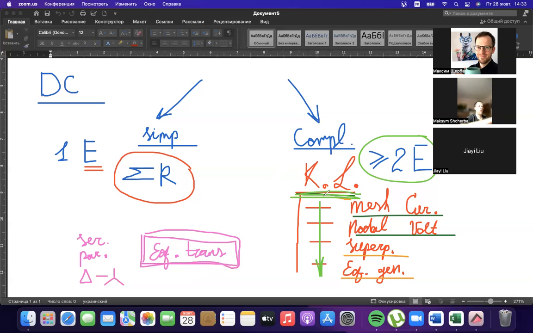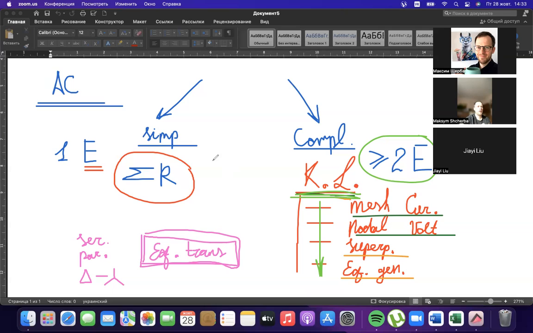This is the whole picture of our mathematical apparatus for circuit calculation, everything that we have in our course, in our discipline. Later, when we move to alternating current, this whole picture will be the same.